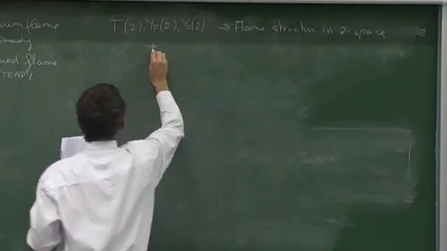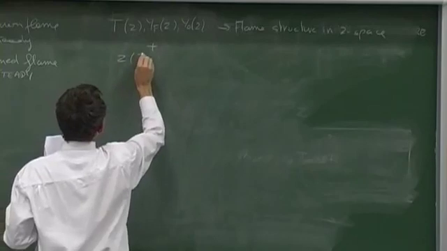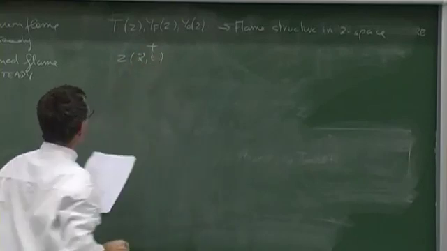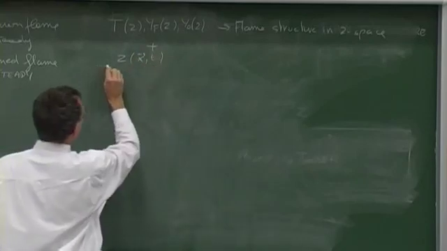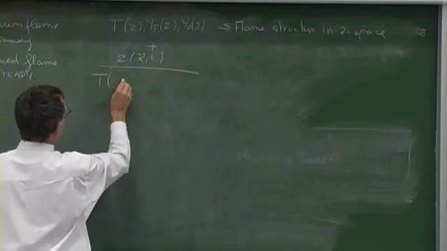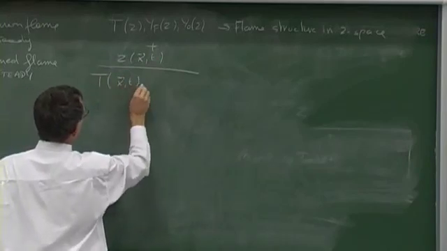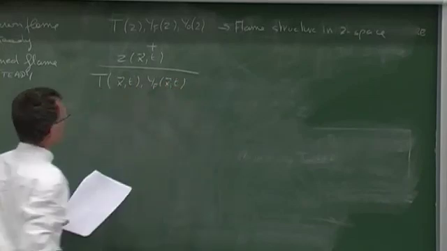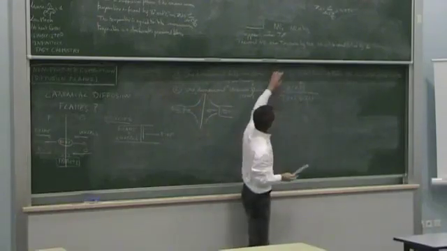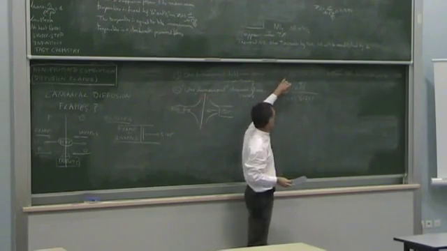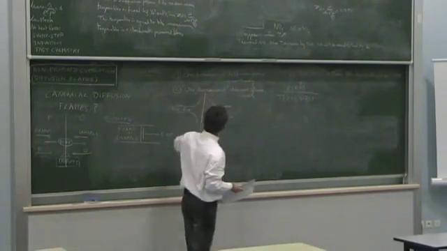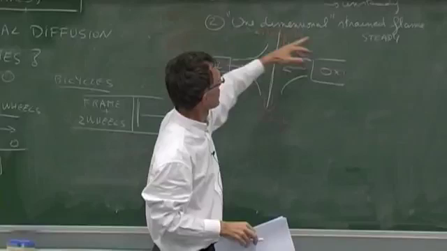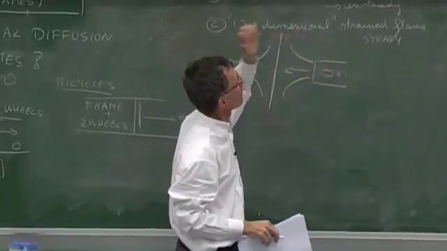But I need Z as a function of space and time if I want to have the complete solution, which is: I want to have temperature and fuel mass fraction, etc., versus space and time. So this I have done. This I want to do now, and I want to do it for these two flames, the one-dimensional diffusion flame and the one-dimensional strain flame.